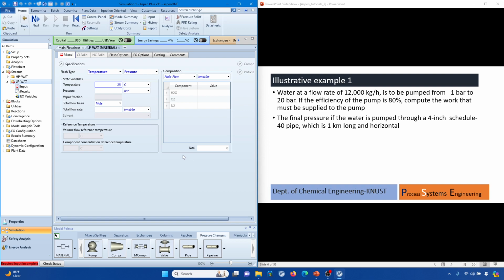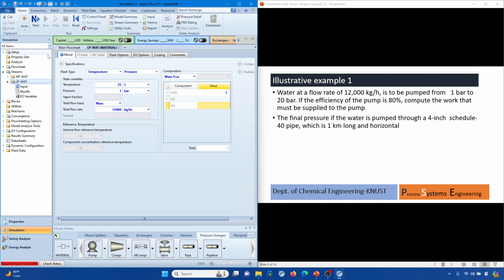Assume water is pumped in these conditions, 4,000 kilograms per hour for the material stream, and we want to pump this amount of water from a pressure of 1 bar to 20 bar.